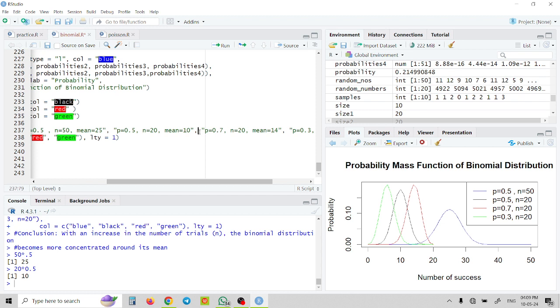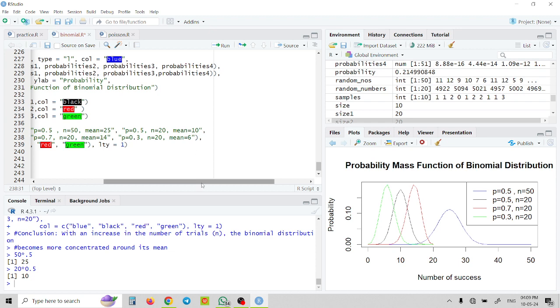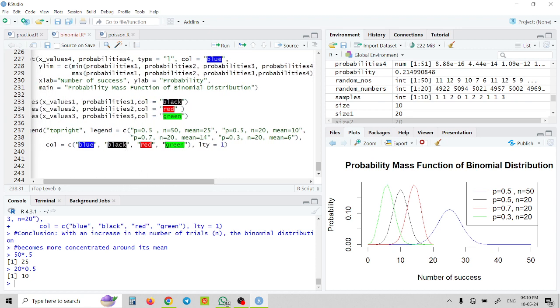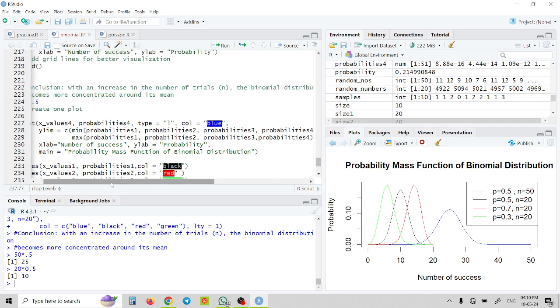Okay, so I'll take it down here. Okay. So mean of case 4 was 25. Case 1 is 10. Case 2, let me check it again.